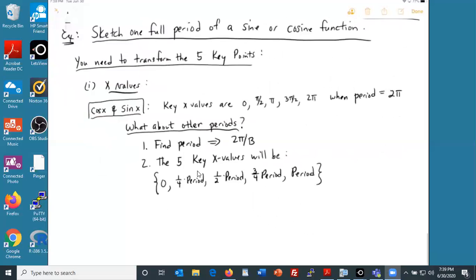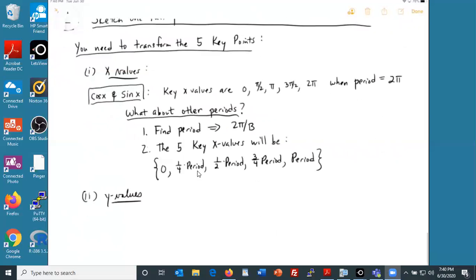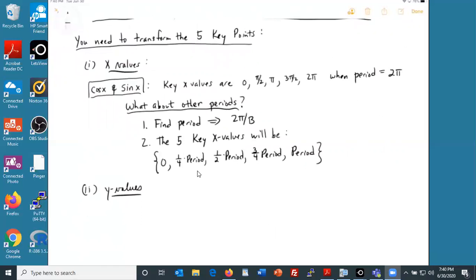Okay, and 2, to get the y values. Now, sine of x has key y values of 0, 1, 0, -1, and 0.